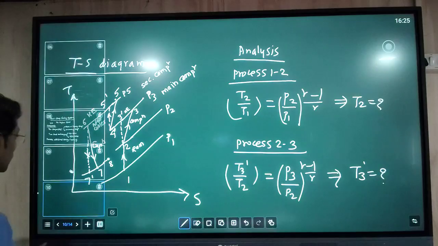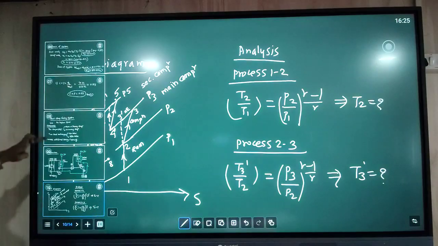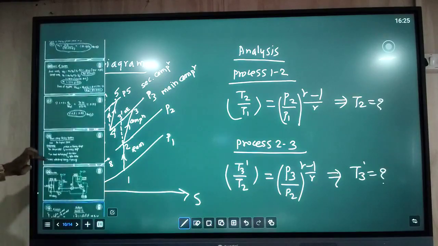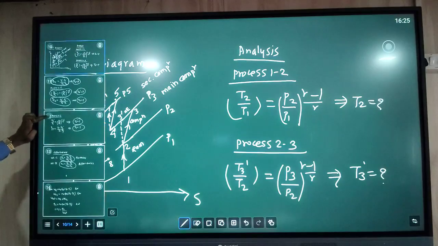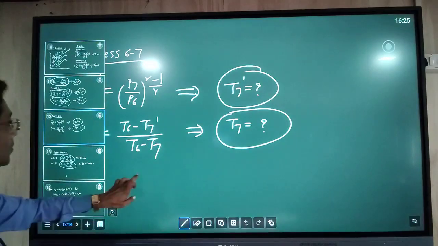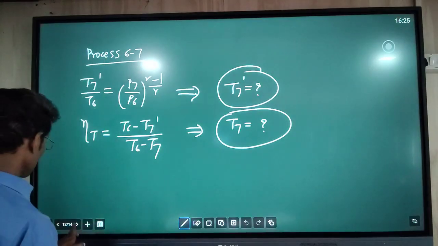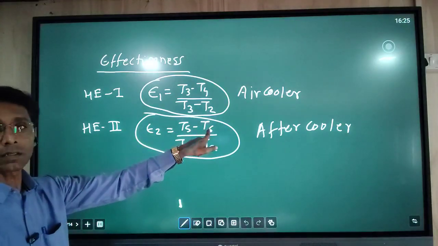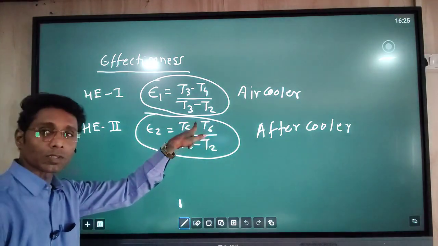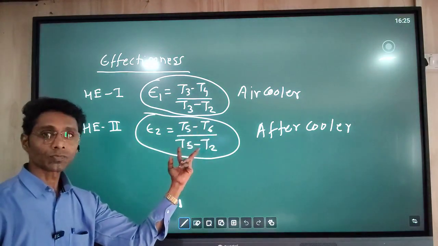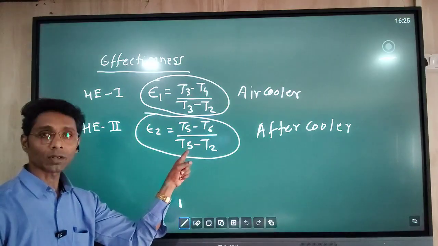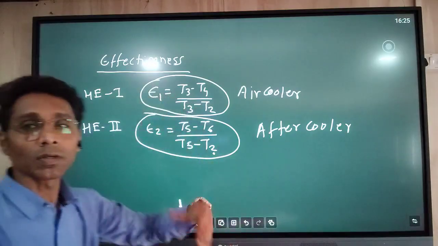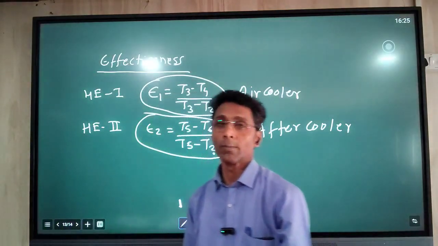That is why we use this effectiveness formula: T5 minus T6, the heat removal in the heat exchanger, and T5 minus T2, the increase of temperature due to main compression. In this way, we use these two formulae during numericals, depending upon the data availability.